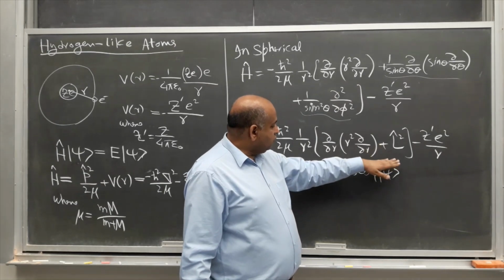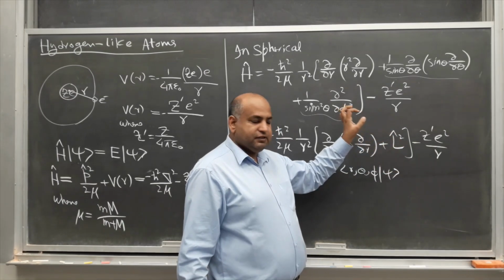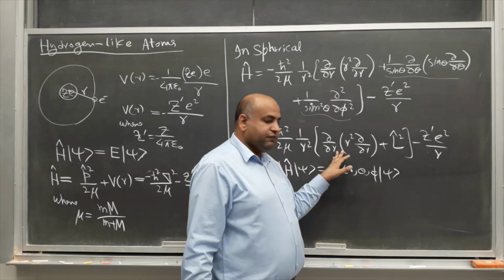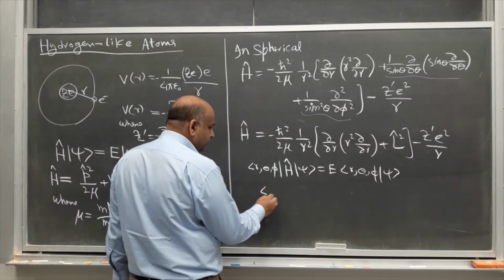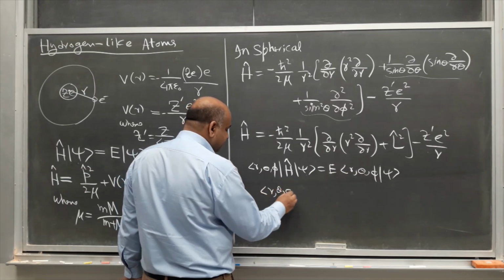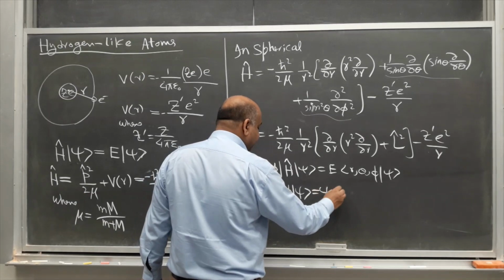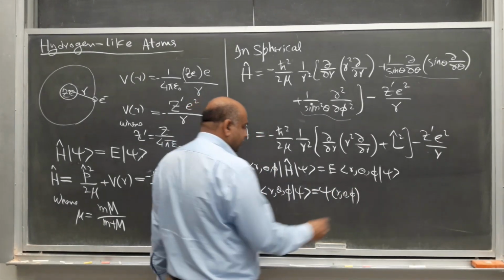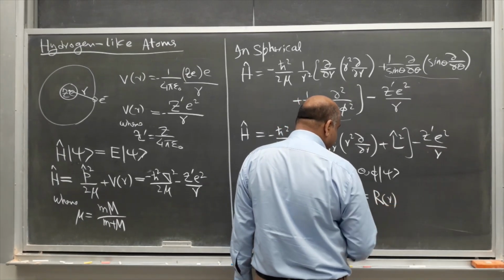So we have essentially an operator which is a sum of an operator which is a function of theta and phi, and an operator which is a function of r, which means that I can use the method of separation of variables and assume that this wave function psi(r, theta, phi) can be written as a product of two functions.